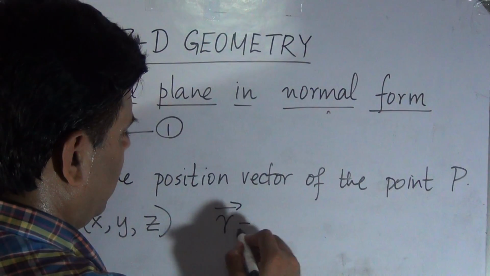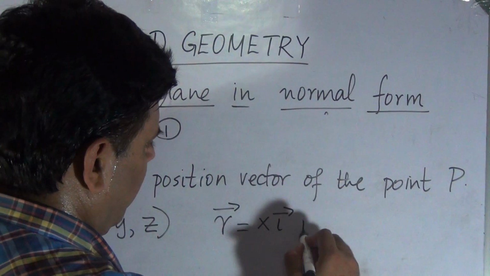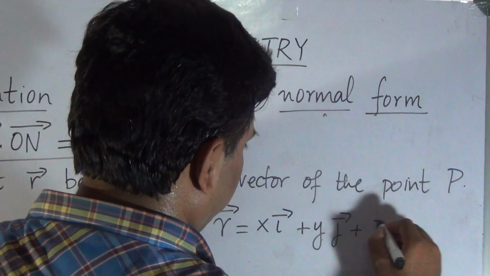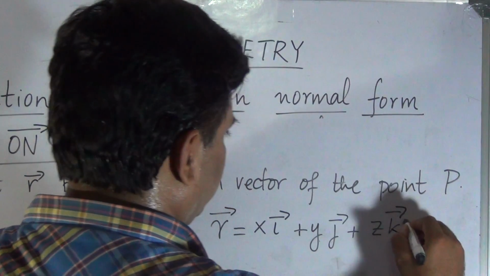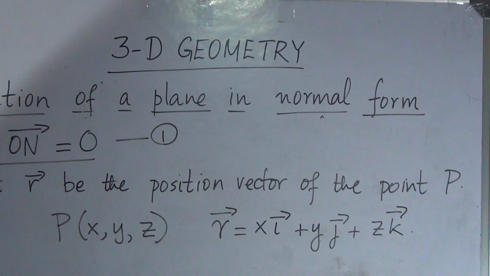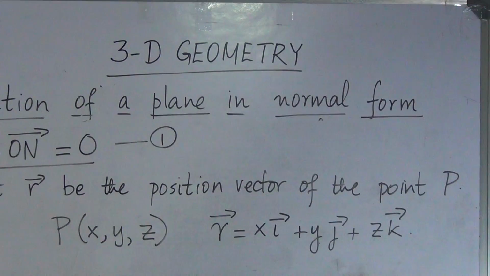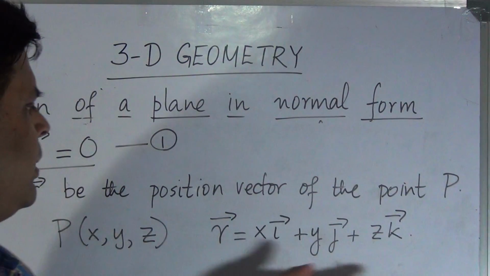R will be xi plus yj plus zk. Now, here is a little notational thing that we need to keep in mind.